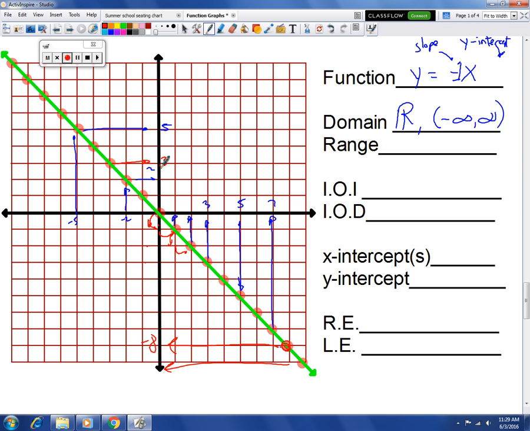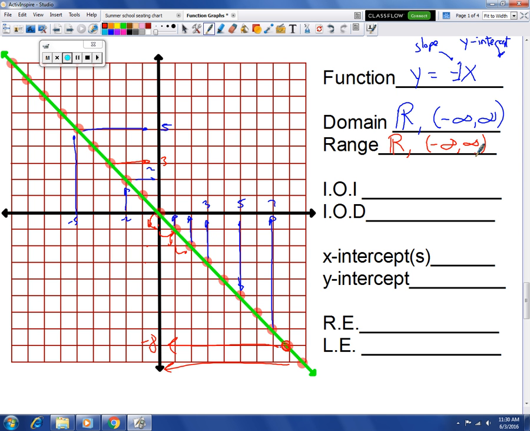Doesn't matter if you plug in positive numbers first and get positive answers, or if you plug in positive numbers and get negative answers. We're just getting any negative answer we can imagine, and any positive answer. And typically this is what linear functions look like.